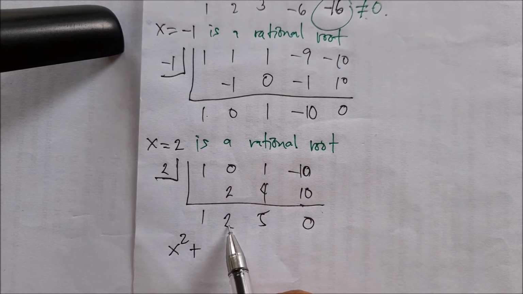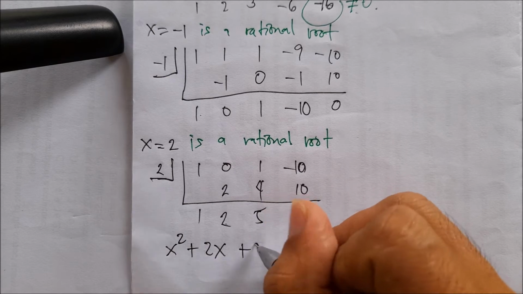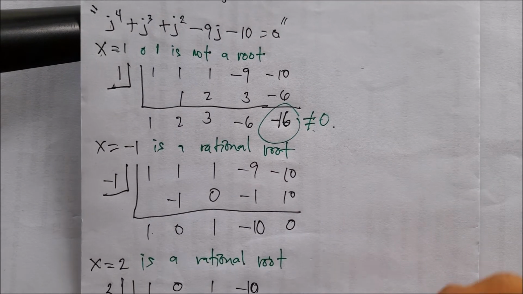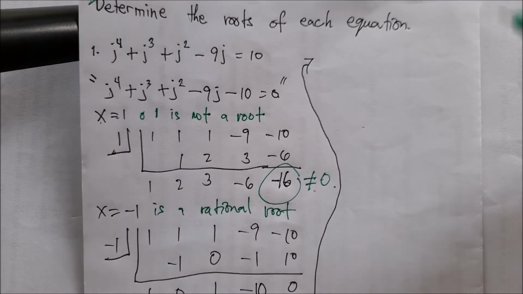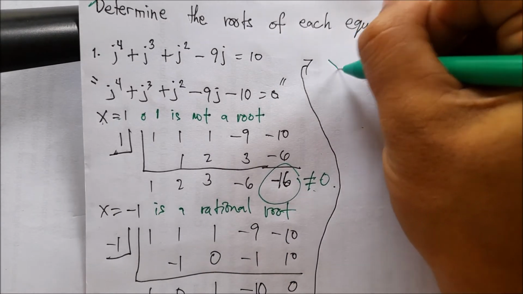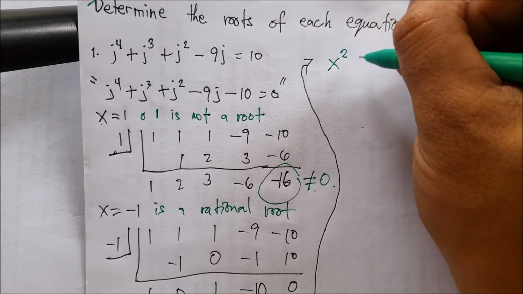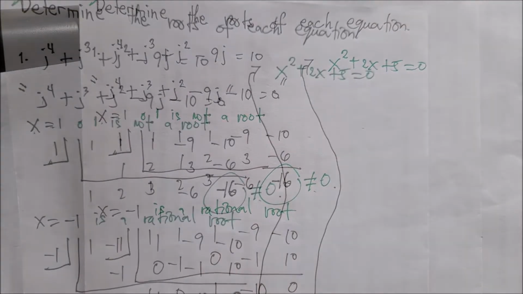Positive 1 x squared, then positive 2x, then plus 5, equal to 0. Now we have our new quadratic equation. Arrange it in descending order from the highest degree: x squared plus 2x plus 5 equals 0.